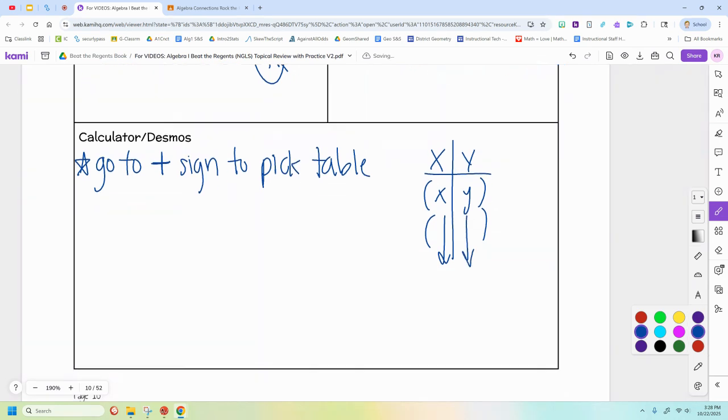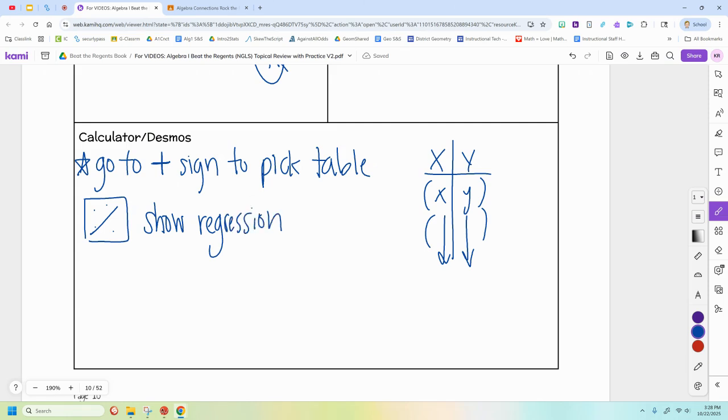The cool thing about Desmos is it's going to give you two symbols. The first symbol looks like this, and you saw it was up near the top. It had a line like that, and that said show regression. That gave you your equation. It gave you your y equals mx plus b, and it gave you your r.